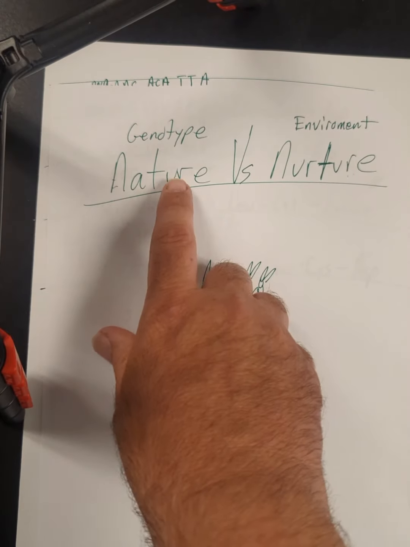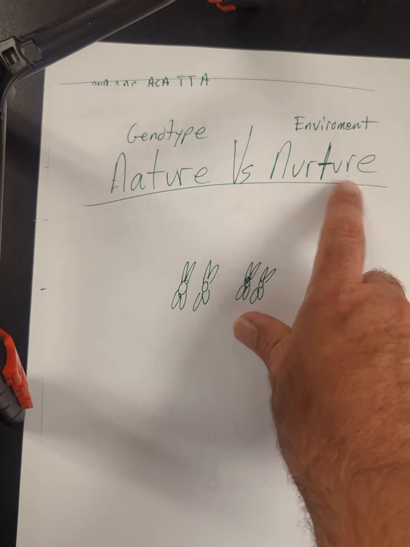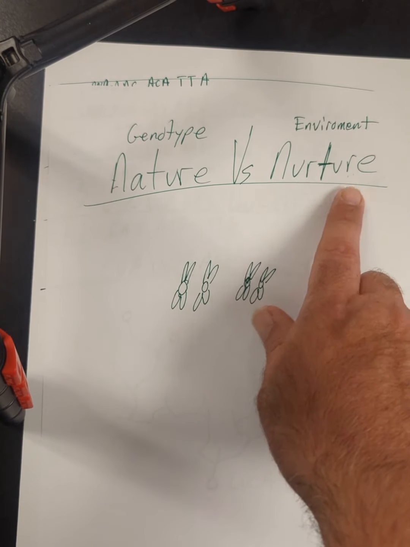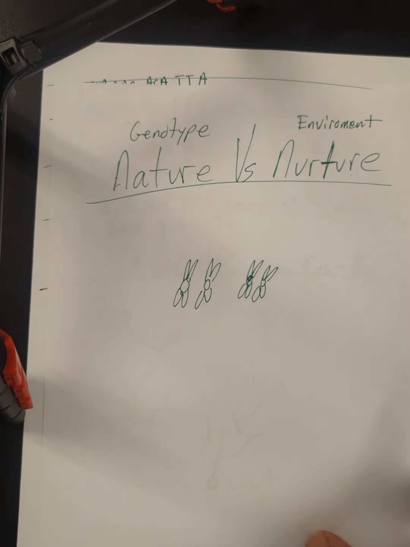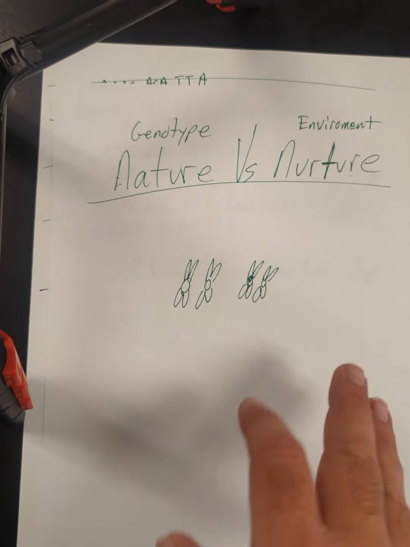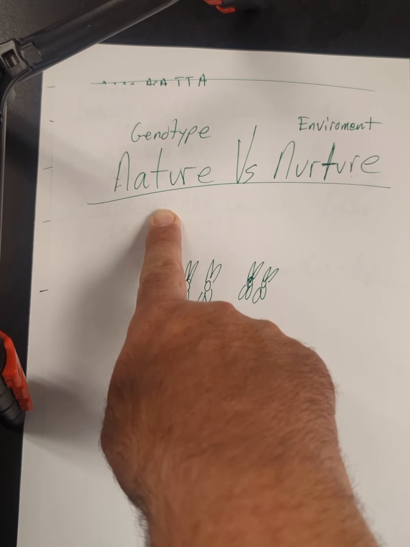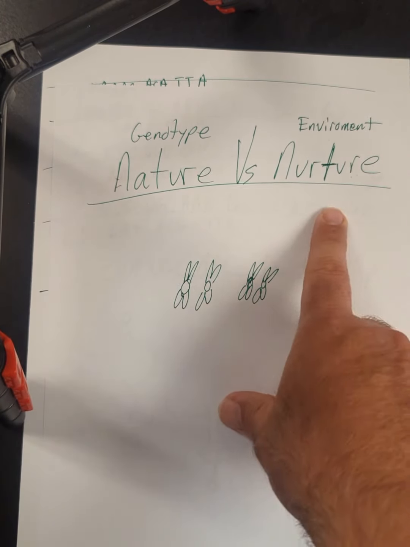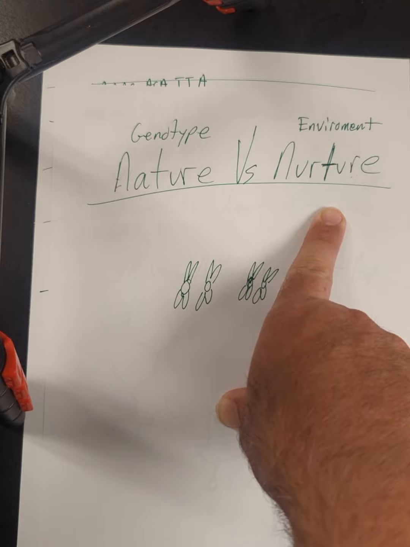So your genes are saying one thing, but your environment, how you're raised, how you eat, your nutrition, is saying hopefully the same thing, but it might be saying something else. Now, the other side of it too, if you have the genes for being 4 foot tall and you eat the best possible diet any human could ever eat, you're probably still just going to be 4 feet. Okay?